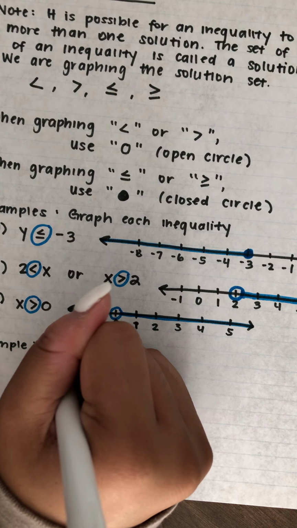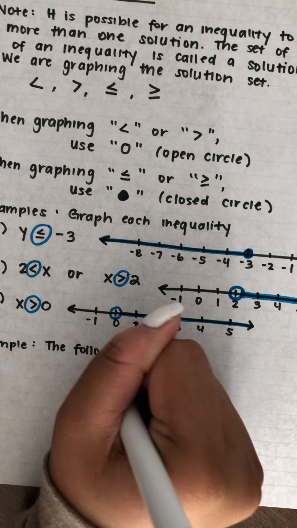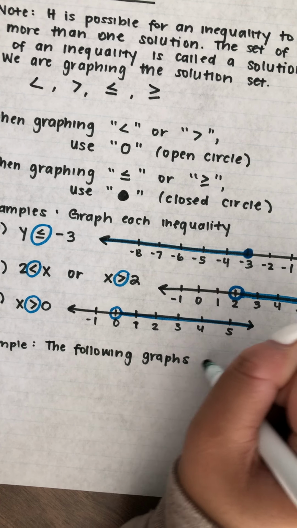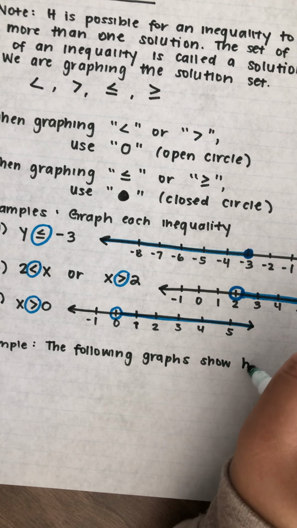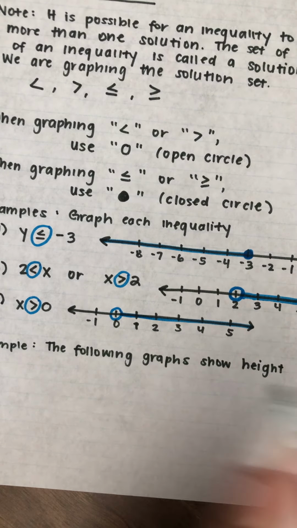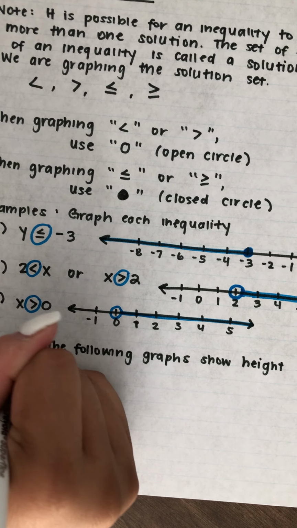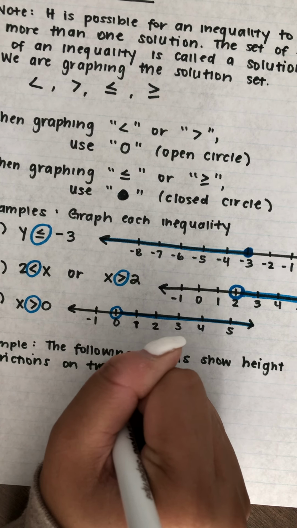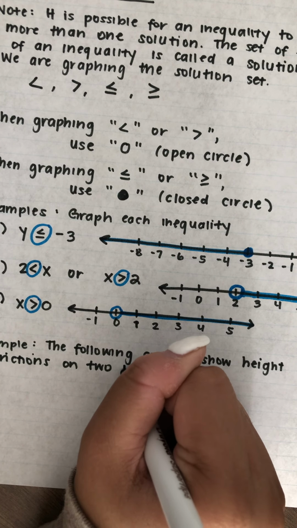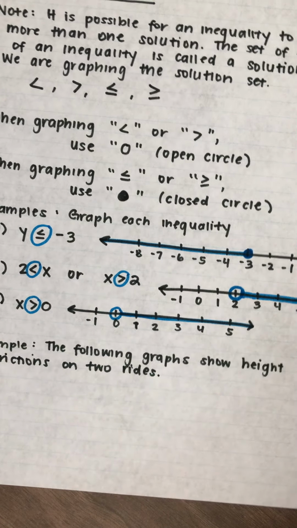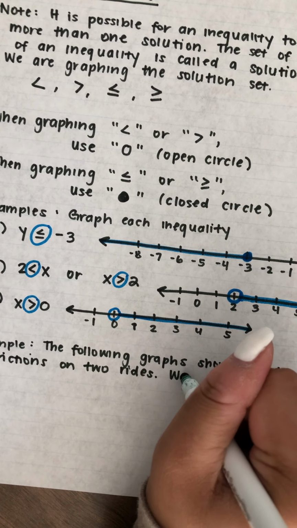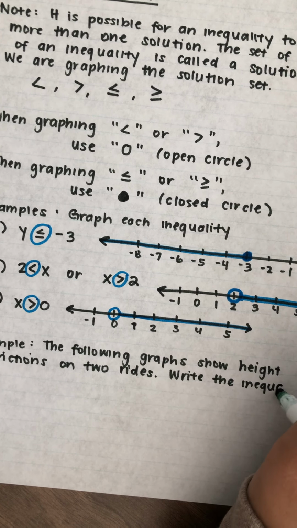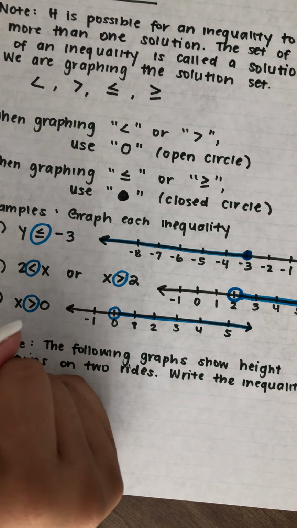So the following graphs will show height restrictions on 2 rides at an amusement park. We're going to write the inequality that is represented by the graph.